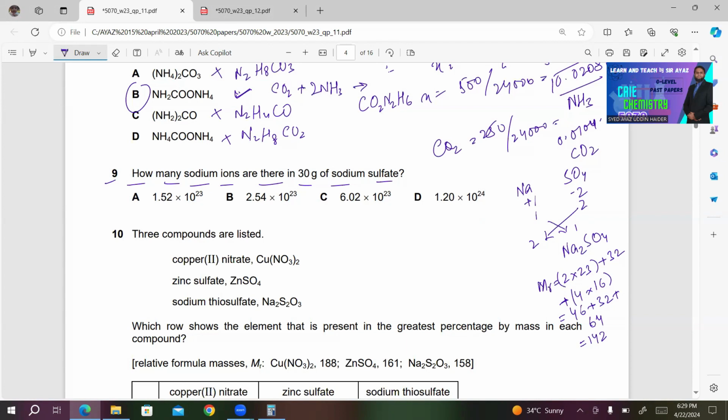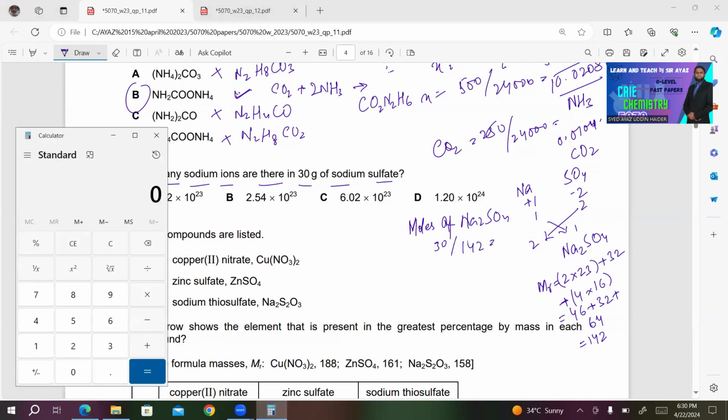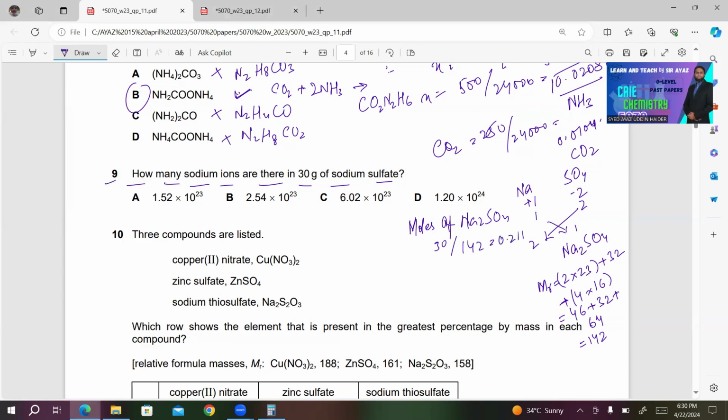So in order to calculate the moles of Na2SO4, we need to divide 30 gram by 142. 30 divided by 142 is 0.211.